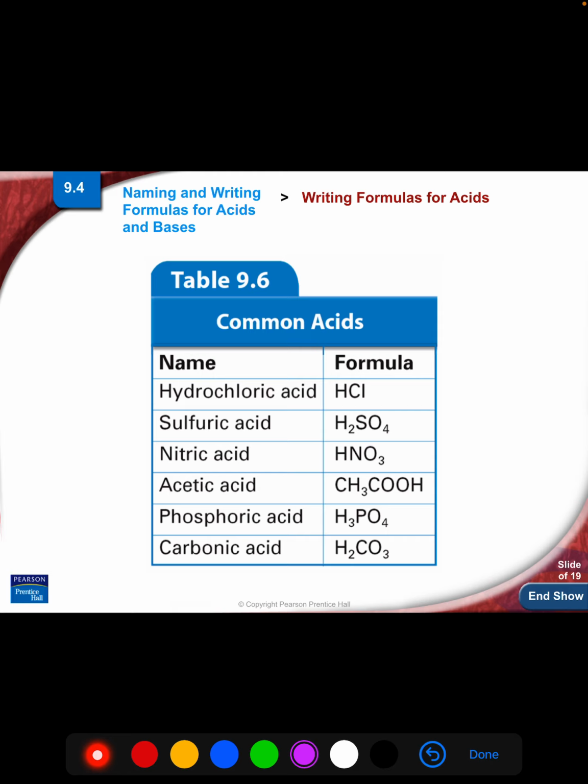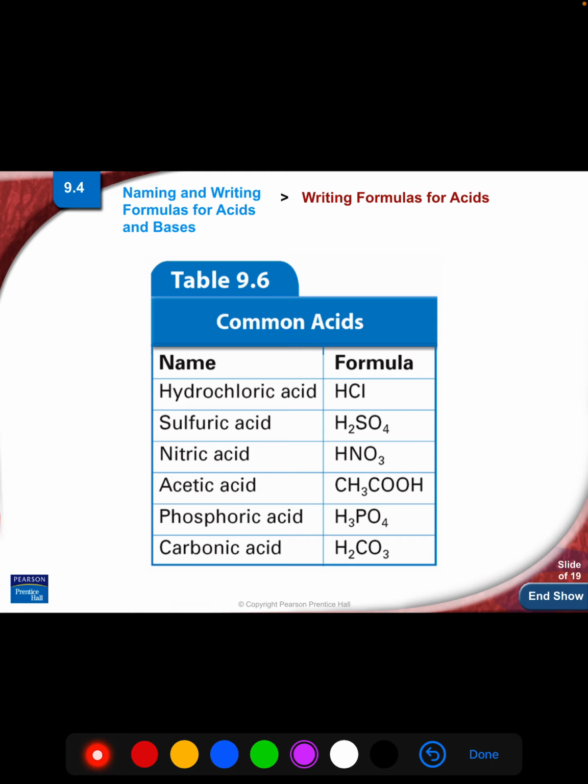Acetic acid is an organic acid. You know it as vinegar in a weak solution. And phosphoric acid is, again, coming from the phosphate anion. And carbonic acid from the carbonate anion. We don't have nitrous or sulfurous or some of the other acids that use the other rule. These are just common ones used in the lab.